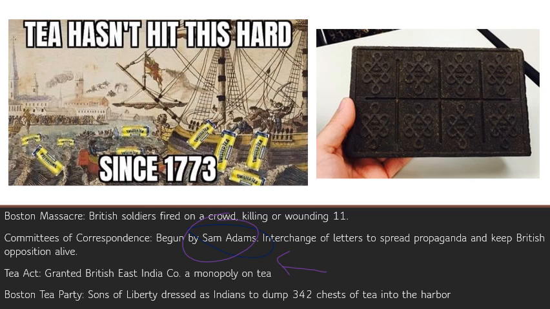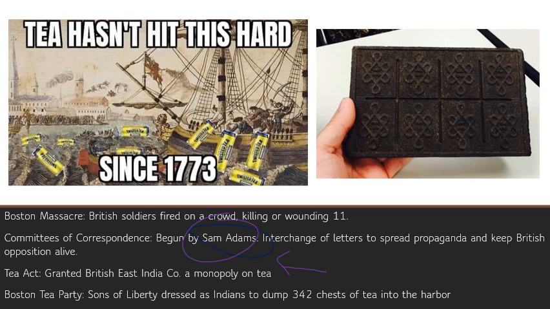This is technically legislation because it was designed to help regulate the empire by ensuring that India, a British colony, their tea industry didn't go under, and ensuring that the colonists were getting tea at a fairer price, because tea was actually cheaper under the Tea Act. It was so cheap that it was cheaper to buy it from the British East India Company than to have it smuggled in.